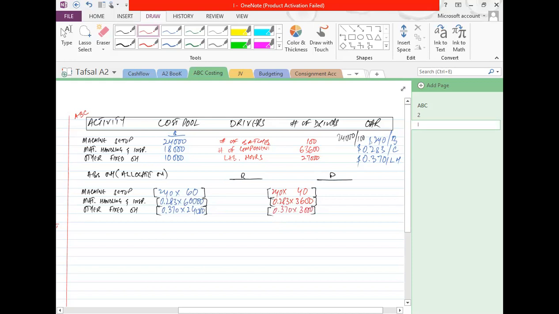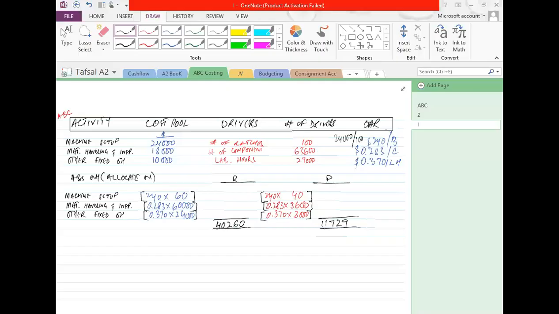Calculators, kindly use your calculations. Tell me total overheads of each product. Here we got the total overheads of each Rexine and Premier.